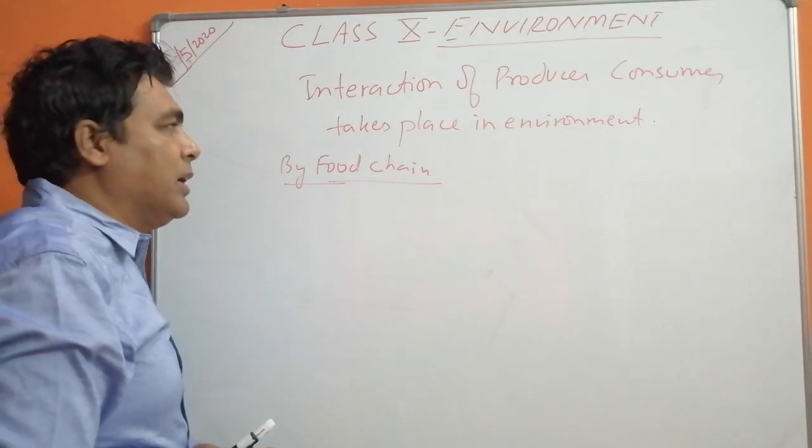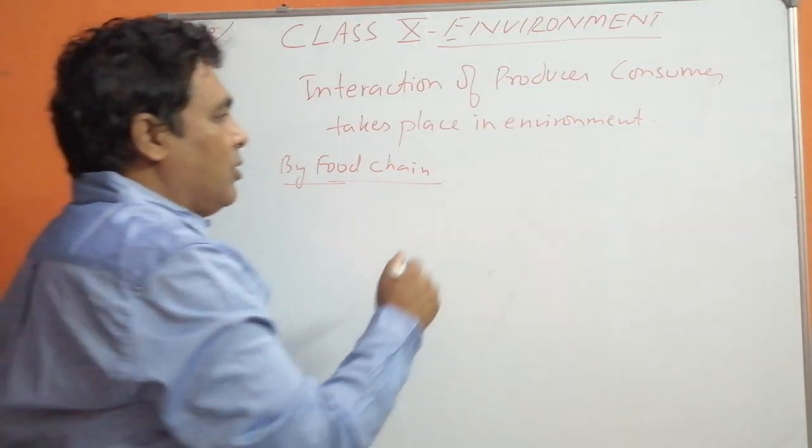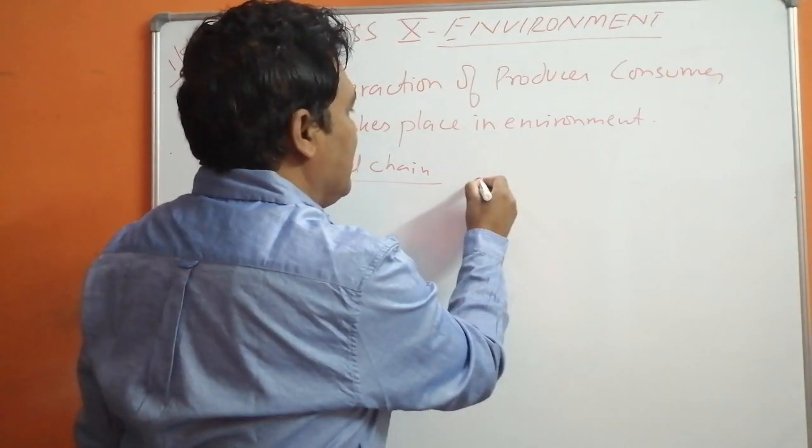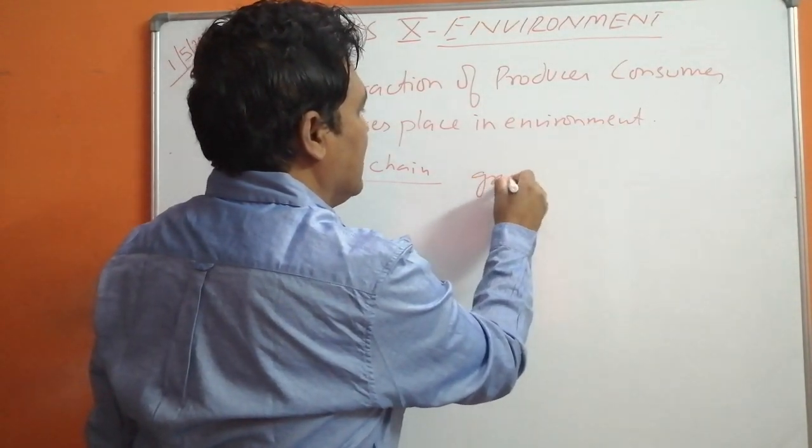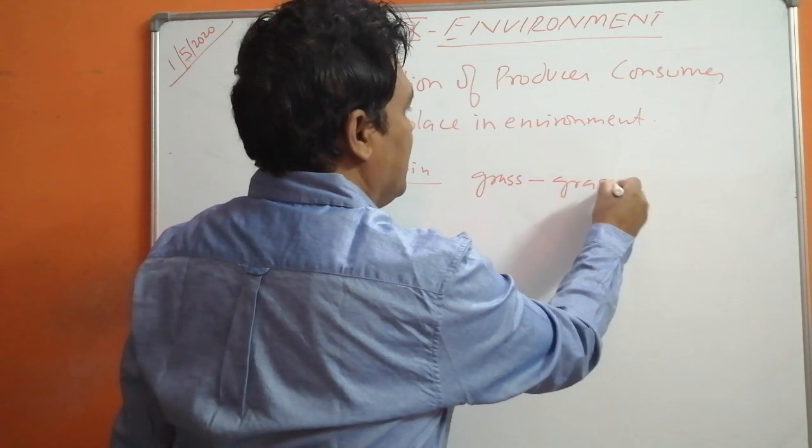But there cannot be just one food chain present. So organisms there are divided like grass, grasshopper.